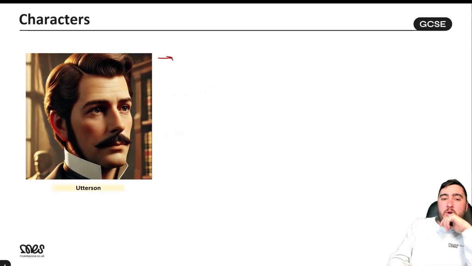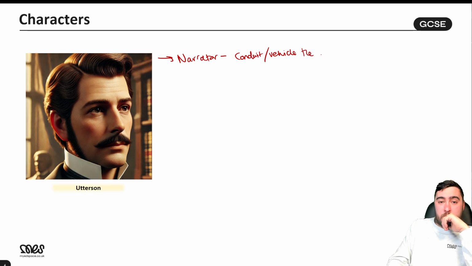Now, Utterson is primarily the main narrator, so he is the conduit, or we could also call him the vehicle, through which the novel arrives. He, I guess, investigates.